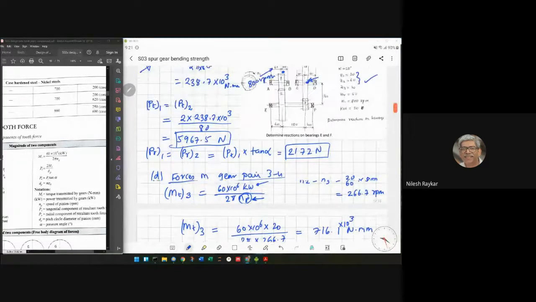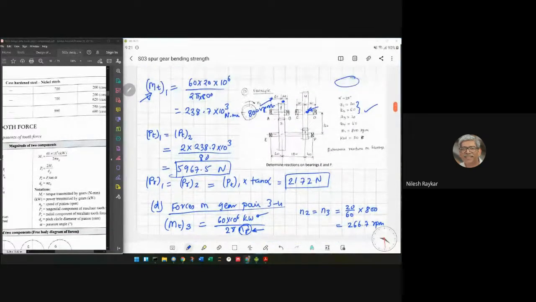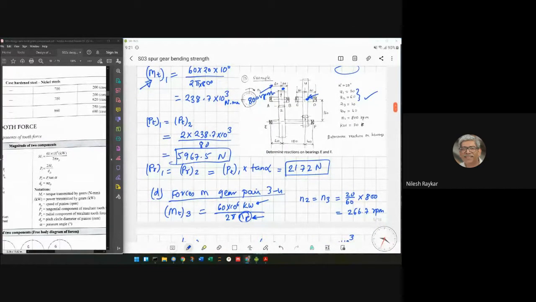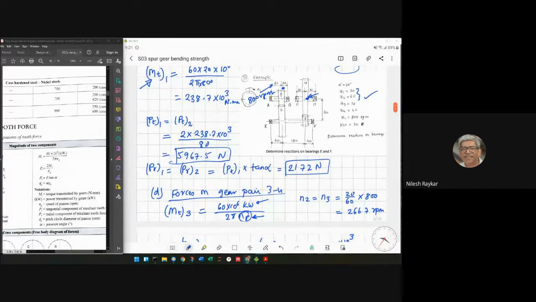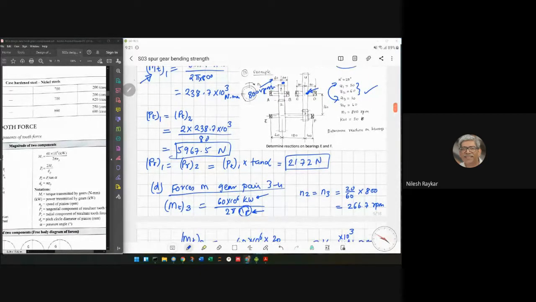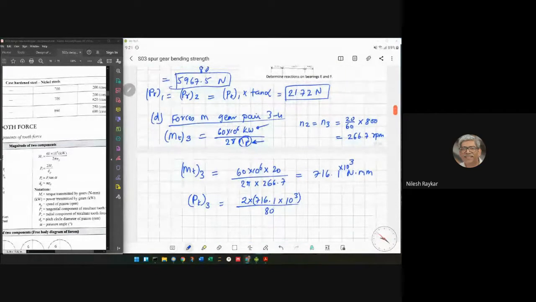So the diameter of the third gear, have we calculated it or not? Okay, the third gear has the same number of teeth as the first gear, which means the diameter would also be the same. So it is 80 millimeters. This is D3, which is module times number of teeth.